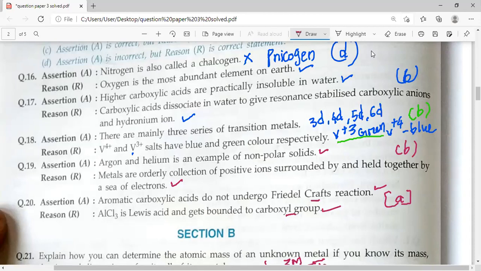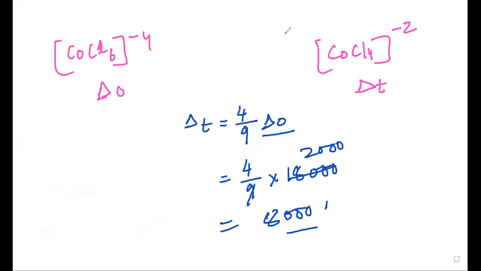Carboxylic acids dissociate in water to give resonance stabilized carboxylate anions and hydronium ion. This is also correct. Let me explain this to you, my dear students. Whenever we have R, what does this R represent?